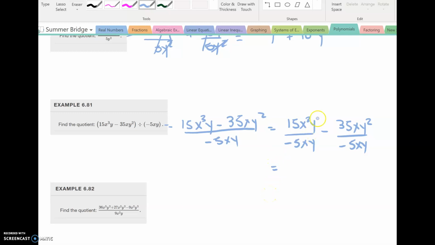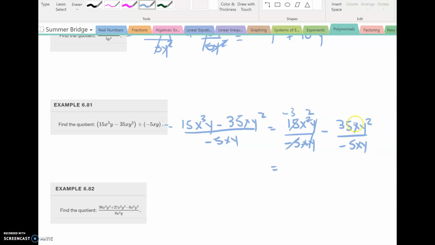Now let's cancel out. So the y's are going to cancel here. That x is going to cancel out with that 3, and that becomes a 2. And then negative 5 goes into 15 negative 3 times.